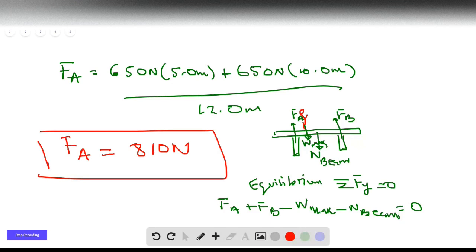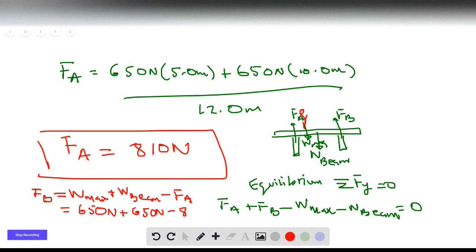And so F of B has to equal W max plus W beam minus F of A. Plug in the numbers, we get 650 newtons plus 650 newtons minus 810 newtons.